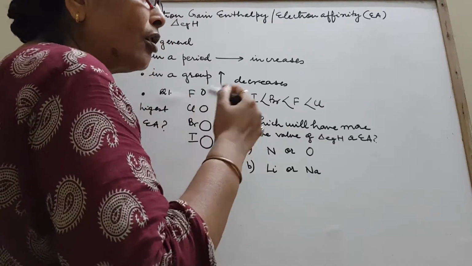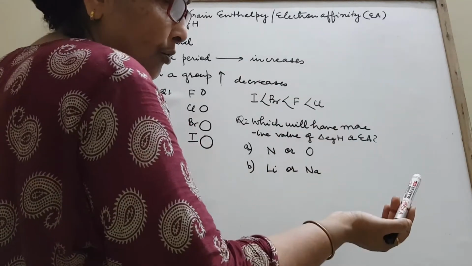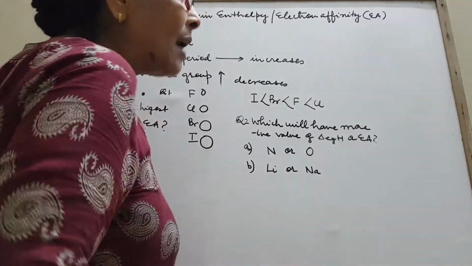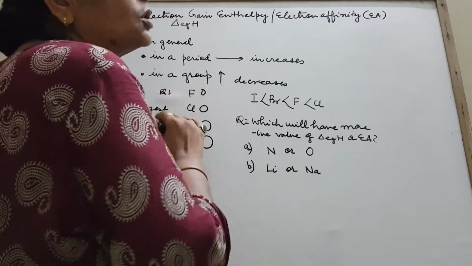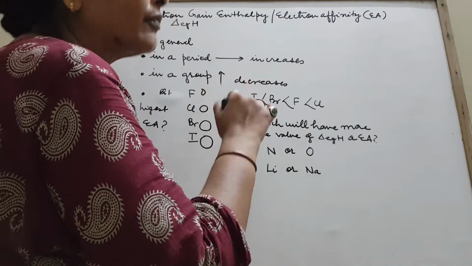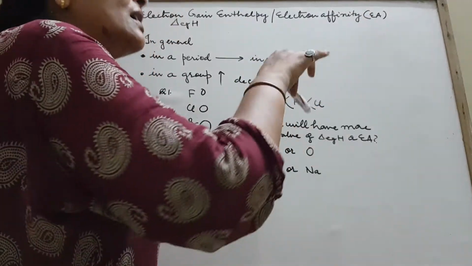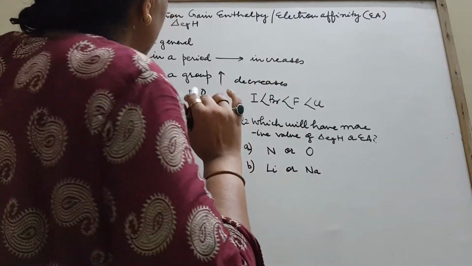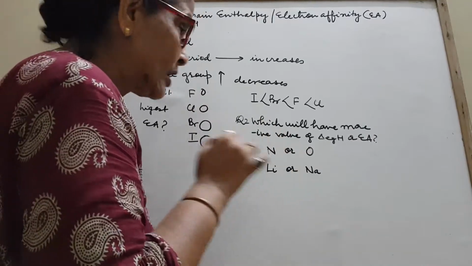Hence, of the energy that was expected to be released, a good amount is consumed in overcoming those repulsions. With the result, the value of the energy which is released goes down from the expected value. So F has a value lower than the expected.